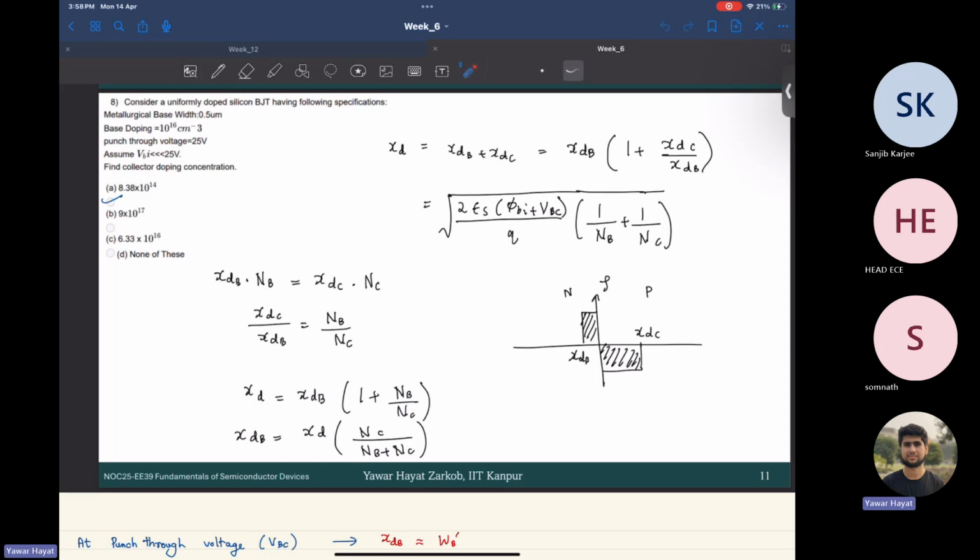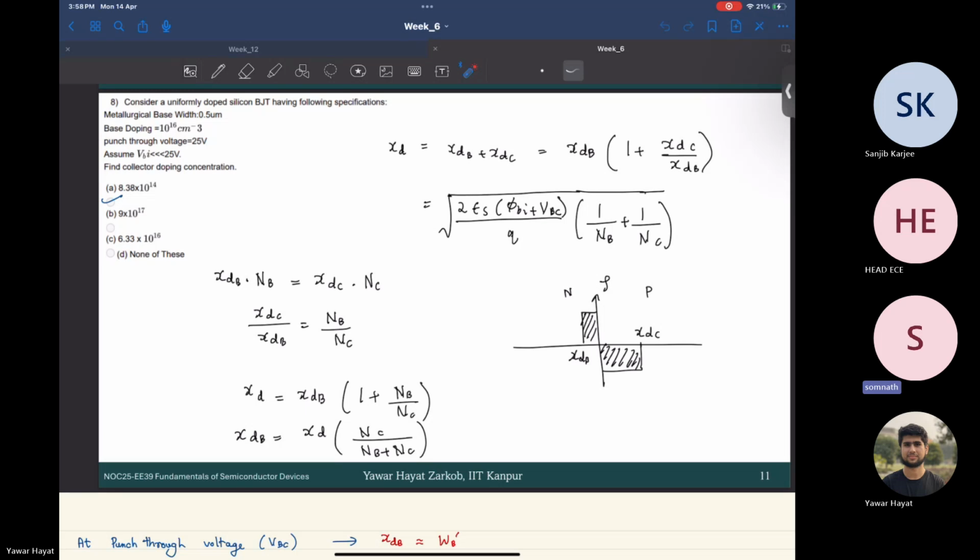So what was I discussing? I was discussing that here this base width is 0.5 micrometer, and that is XDB plus XDC. This is XDB, this is XDC, the sum of these two, right? And if you take XDB common, we'll be left with 1 plus XDC divided by XDB.